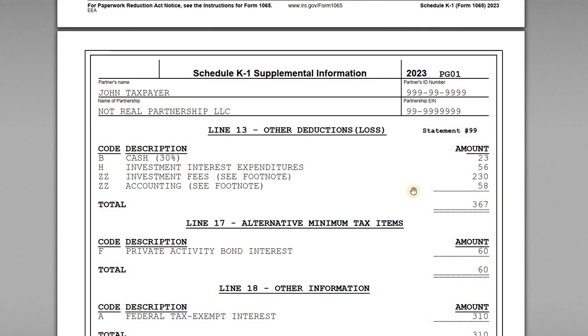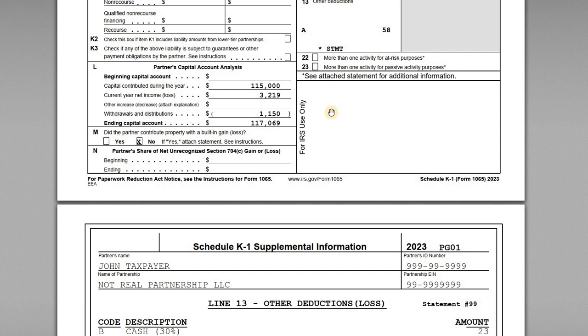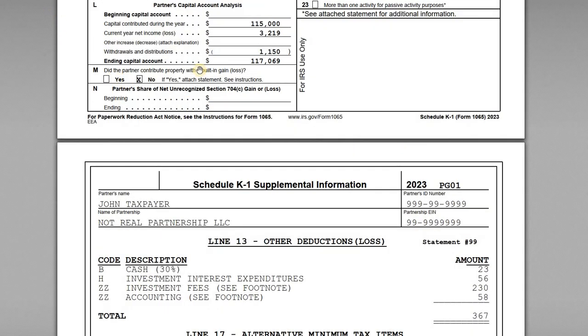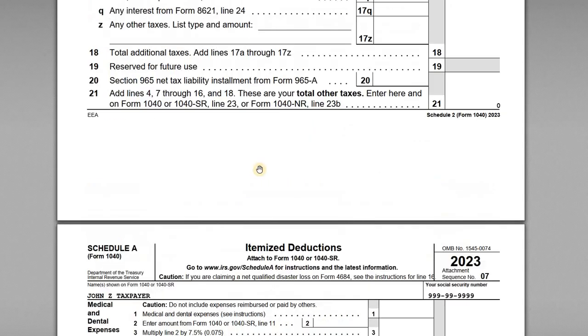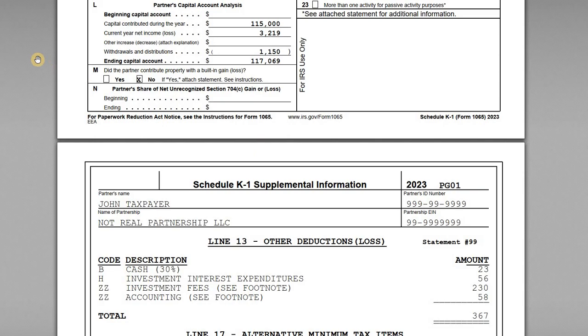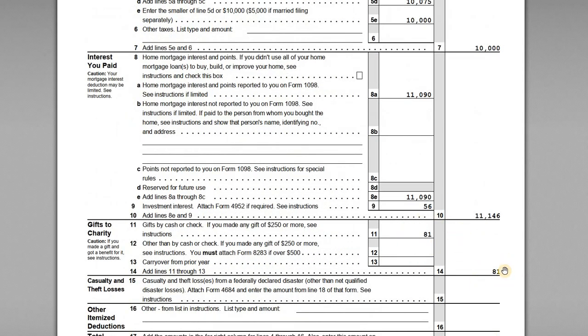So John's flow-through charitable contributions are the $23 plus the $58, but they're being separately stated, so we let the taxpayer know, okay, well, it's all charitable contributions, but each one has a different limit if that would apply to you. In this case, John's AGI is relatively high, right? So his AGI is, let's have a look. So his AGI is $181,000, so he's well within the range of not having to worry about any kind of phase outs for the 30% or 60% AGI limit. So that's why we just reported the combined amount, $81 here. He's going to get a full deduction for those charitable contributions.